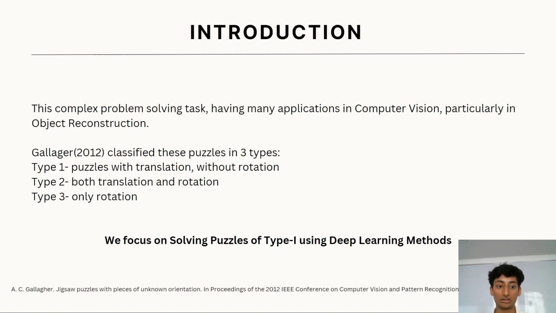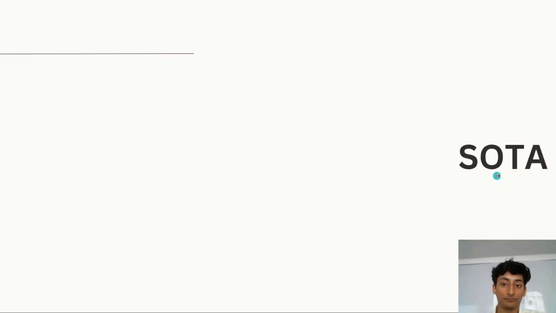Type 2 is both translational and rotational, where you move the puzzle as well as rotate it. And type 3 is only rotation, so you rotate the puzzles in their own location. We focus in our project particularly on solving puzzles of type 1 using deep learning methods.